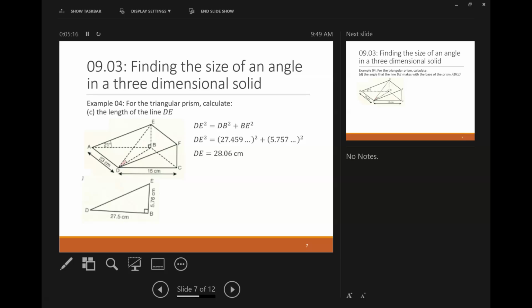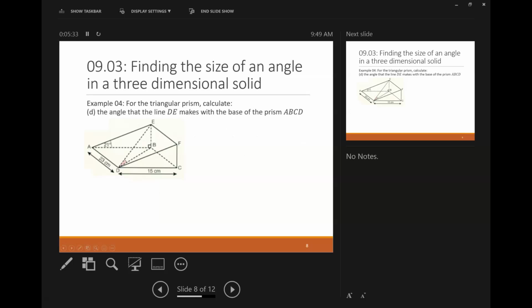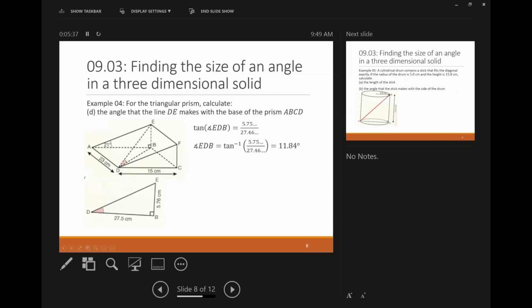Good. And the last thing that it wanted was this angle EDB, right? So because I know all three sides of this triangle, does it matter which trig function I use? No. I could use any one of them, right? So for the sake of argument, I use tangent.